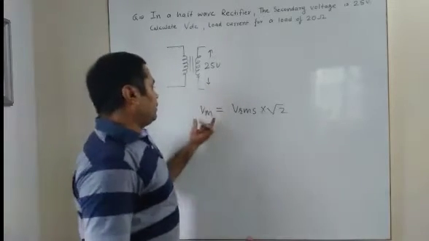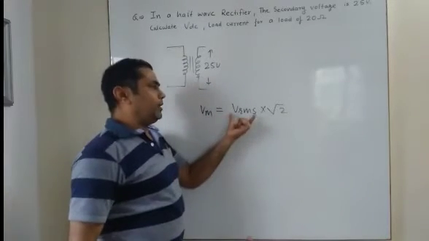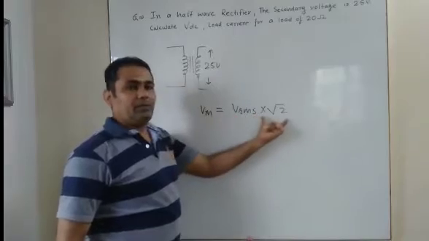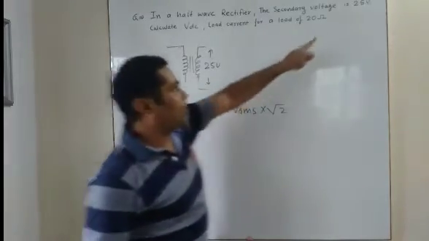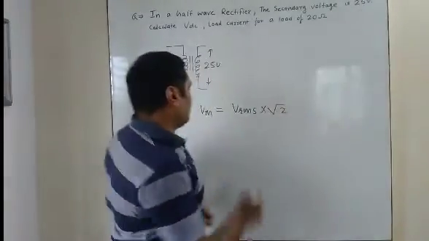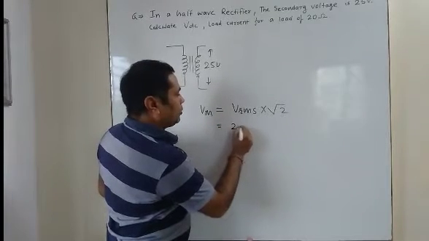So here Vm can be calculated by multiplying the root mean square value by root 2. The root mean square value is given to be 25, so we multiply it by root 2.